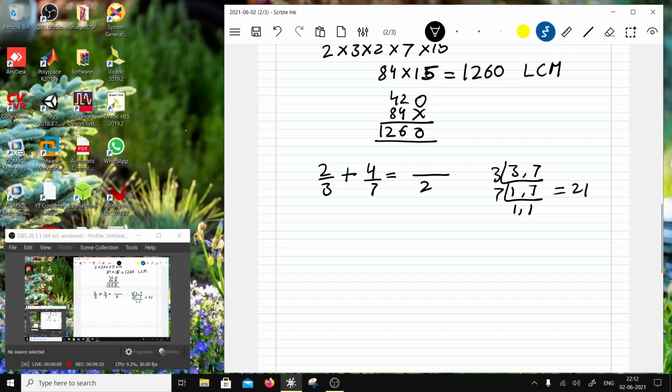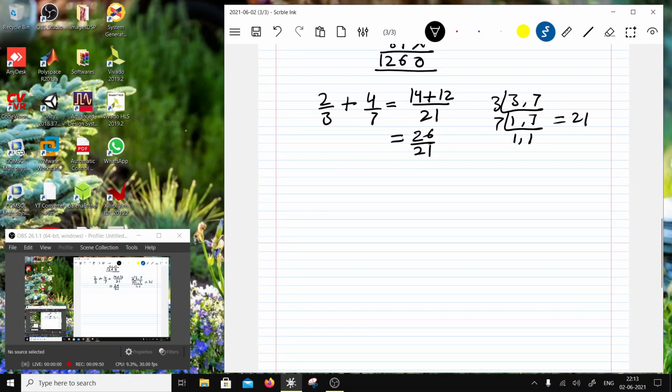So the answer is going to be over 21, and 3 7s are 21, 7 into 2 is 14, plus 7 3s, which was 12, right? So then this is going to be 26 by 21.